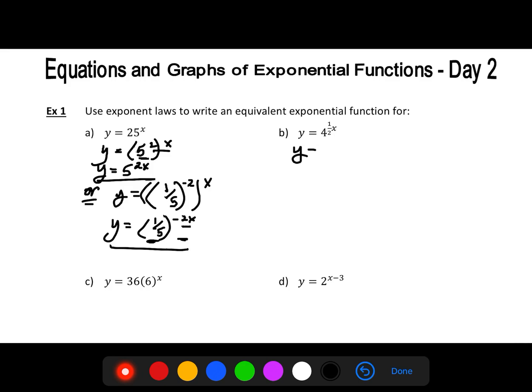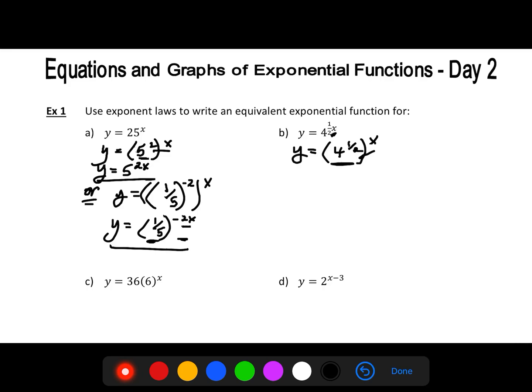For our second one, again, wanting to rewrite this, we know that we can rewrite this using exponent laws a couple of ways. We know that 4 to the 1/2, we can separate what is multiplied out here to individual powers. So we know that exponent laws tell us that if we have 2 powers on a single base, we multiply.